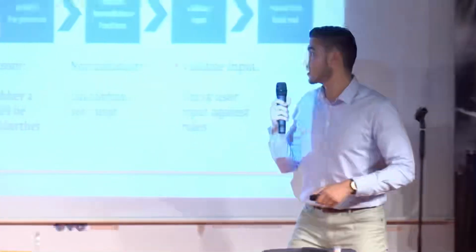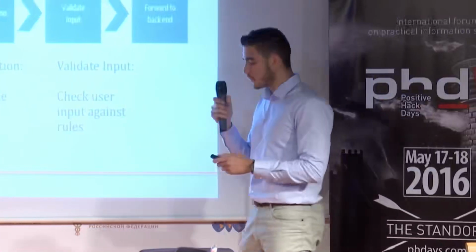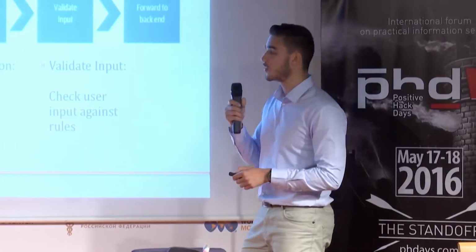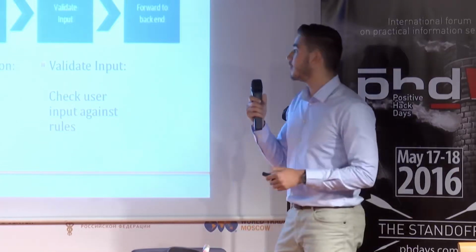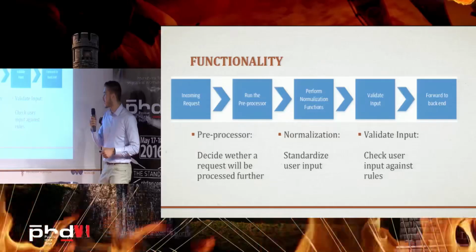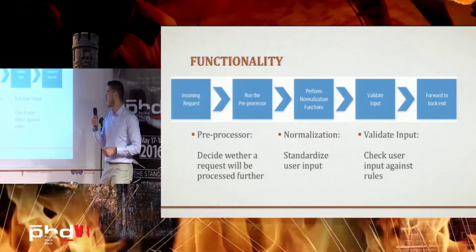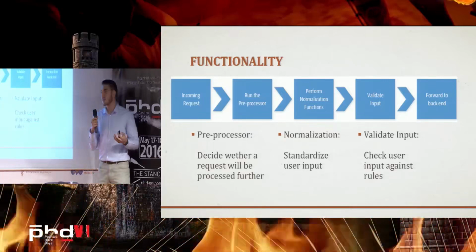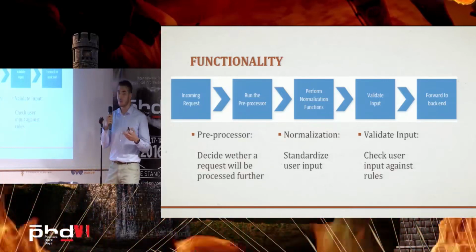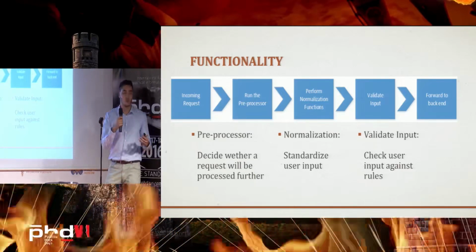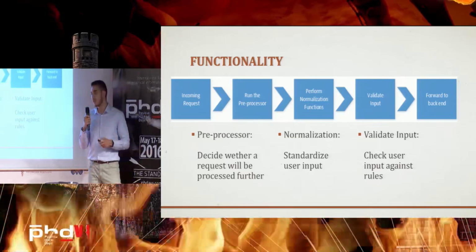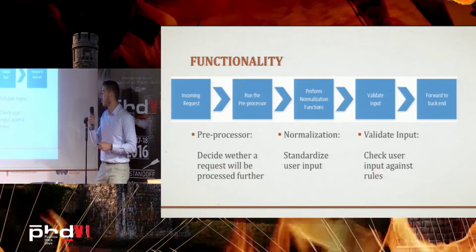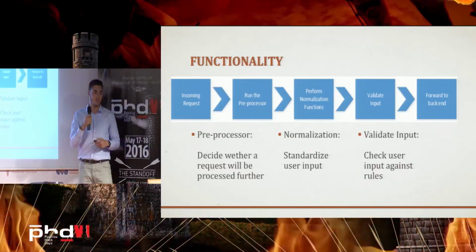Let's come to the functionality of a WAF. At the beginning we have an incoming request. After the request has reached the WAF, the first thing that happens is that the preprocessor runs. The preprocessor decides whether a request will be processed further or whether it will be directly forwarded to the web server. After that, normalization functions are applied.